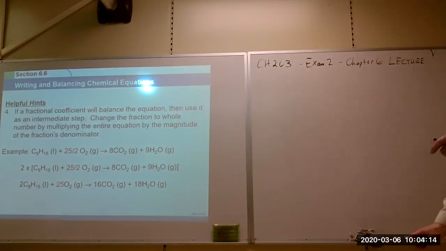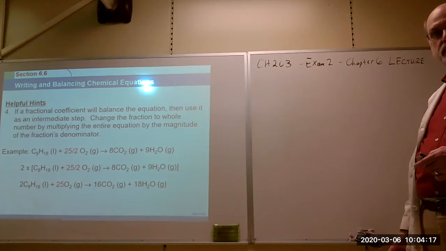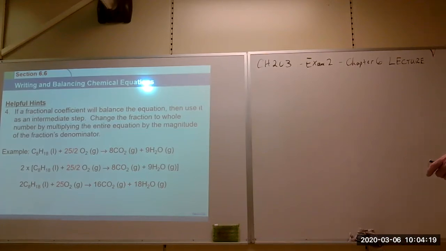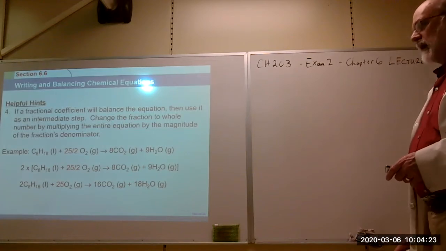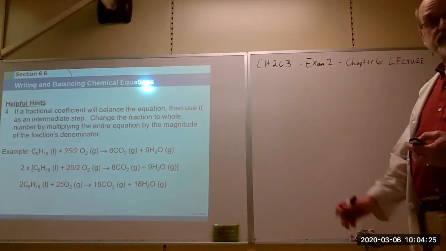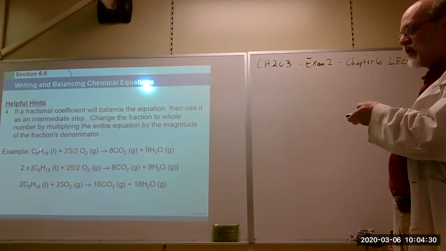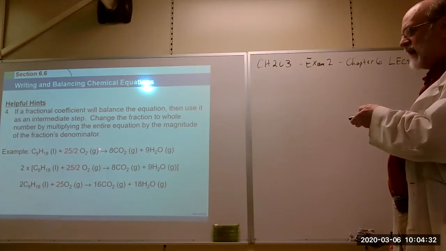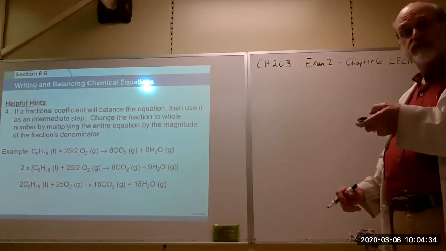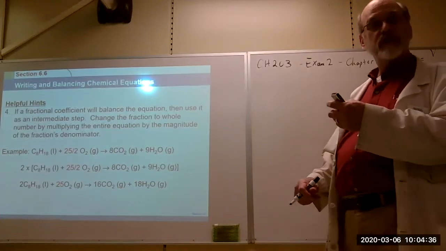And very often, it's the quicker way to get where you're going, to use a fraction. That's one of my helpful hints. Now, why does that work? Because you've already established the ratio of 1 to 25.5 to 8 to 9. That ratio in a balanced equation is fixed.